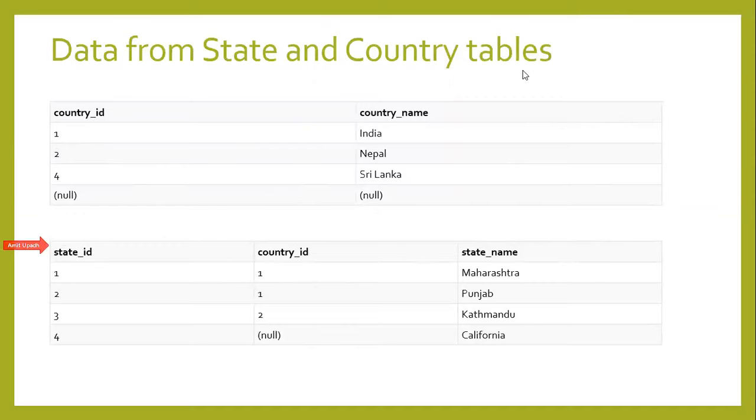Okay, so we're going to use this data here, the country table and the state table, in order to learn joins. Joins are really important, folks, in analytics, because when you query multiple tables with data and you need to put it all together in one table that you can then use either in Tableau or in Excel.